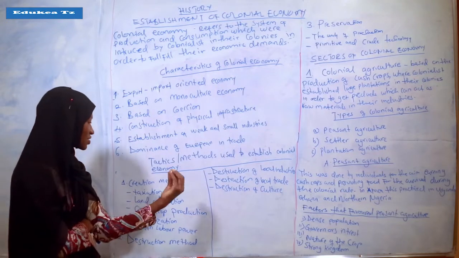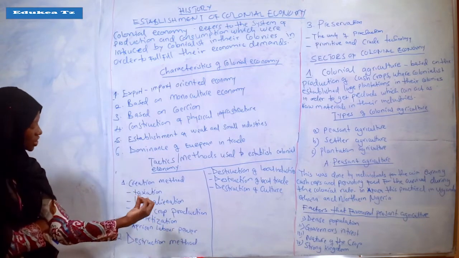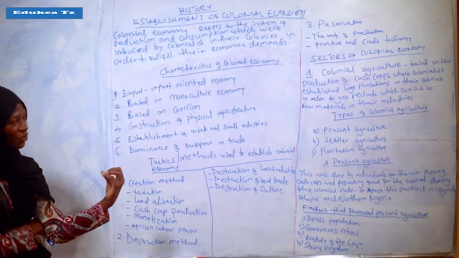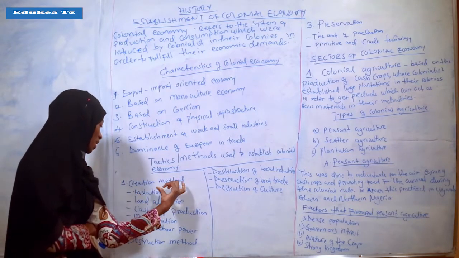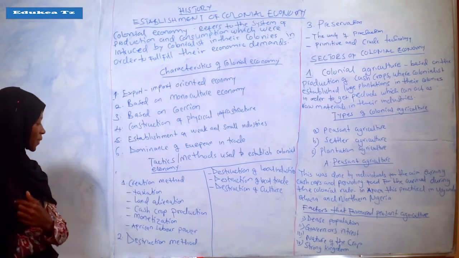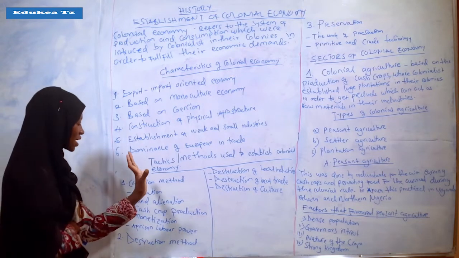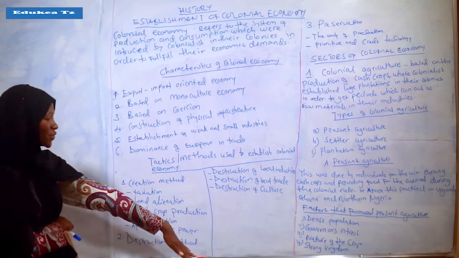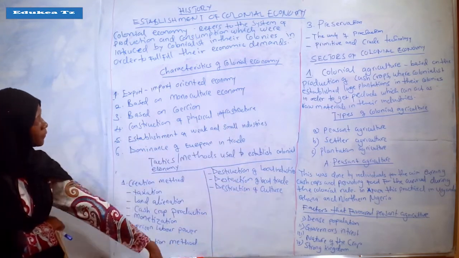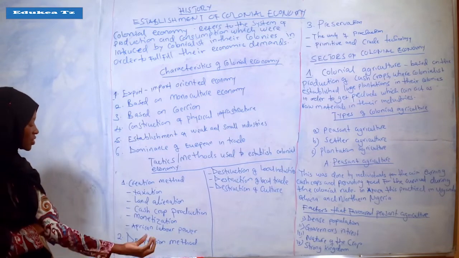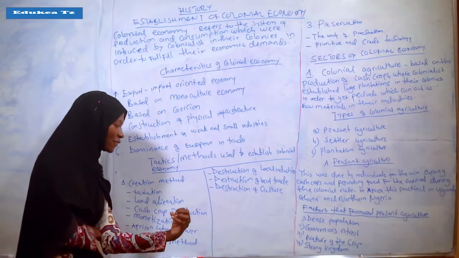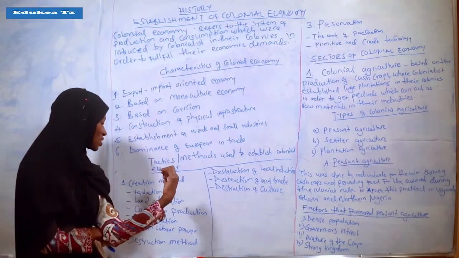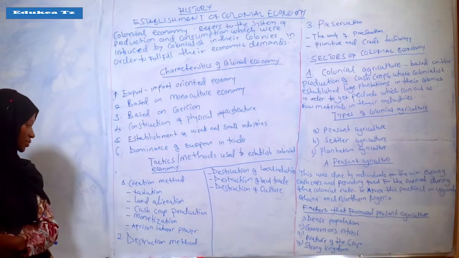Therefore, they introduced the taxation, which was paid in form of cash. Cash means money. So those who were not able to pay, they had to provide the labor force to the colonial plantations in order to get money, then pay it back as tax.